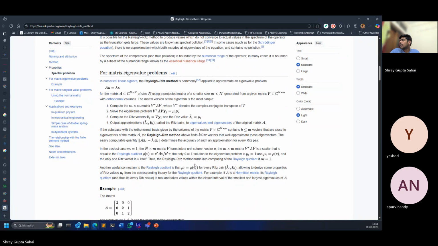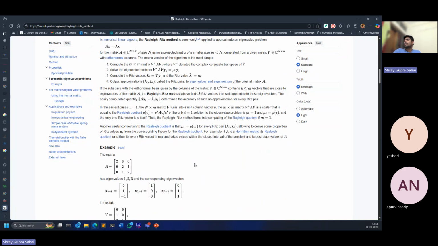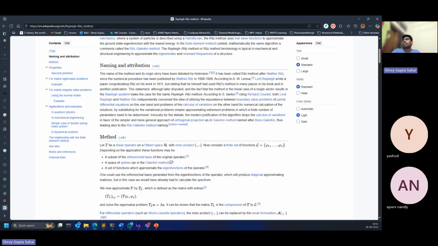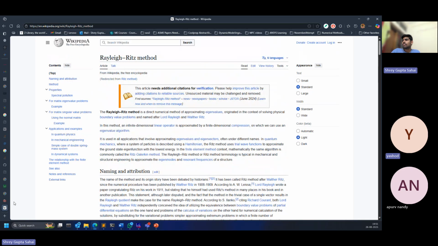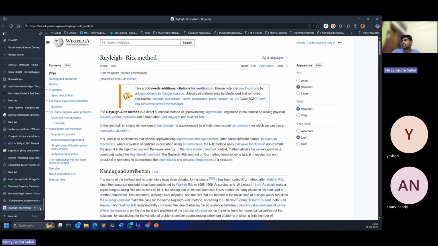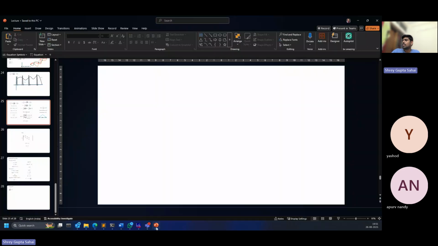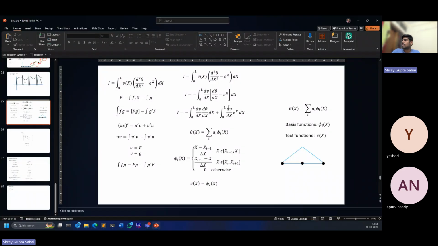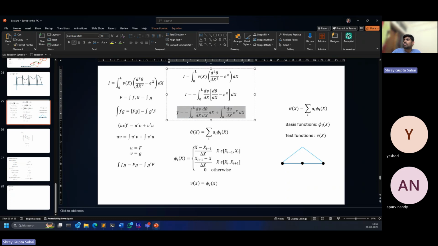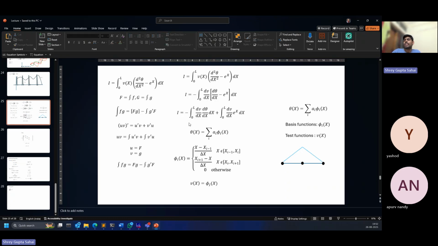Correct. But I would rather not call it an assumption. The reason is that, at least in the way I have derived it, up till now, do you see a reason why we can't choose any v or any theta?